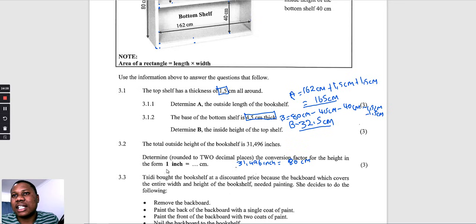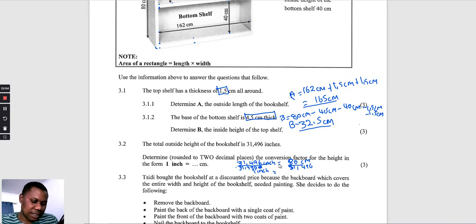Because they want it in the form 1 inch, that means we must remain with 1 this side. Then we are going to divide both sides by 31.496. We don't divide by inch. We divide by the numbers only. So it's going to say 1 inch is equal to, since we divided by this, we also divide here by 31.496.